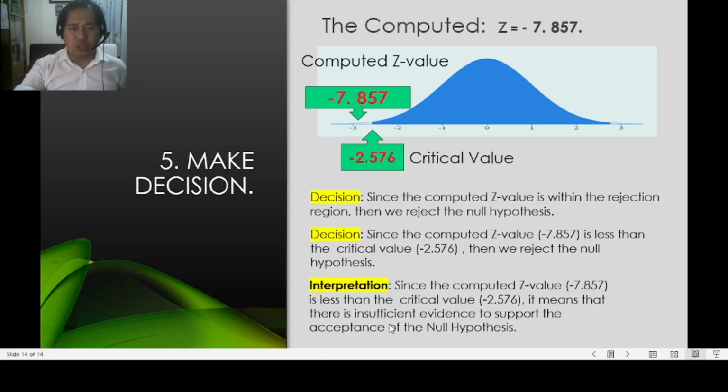So if there is insufficient evidence to support the acceptance of the null hypothesis, then it is proper to reject the null hypothesis. I hope that with this illustration of the z-test in the computation of the test statistic, you understand the problem.